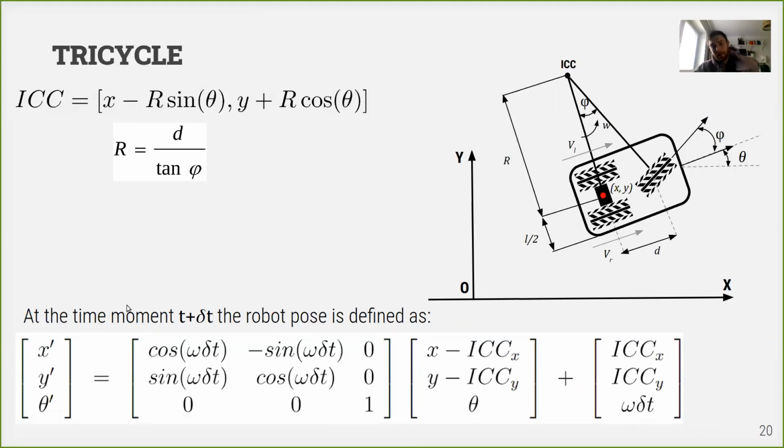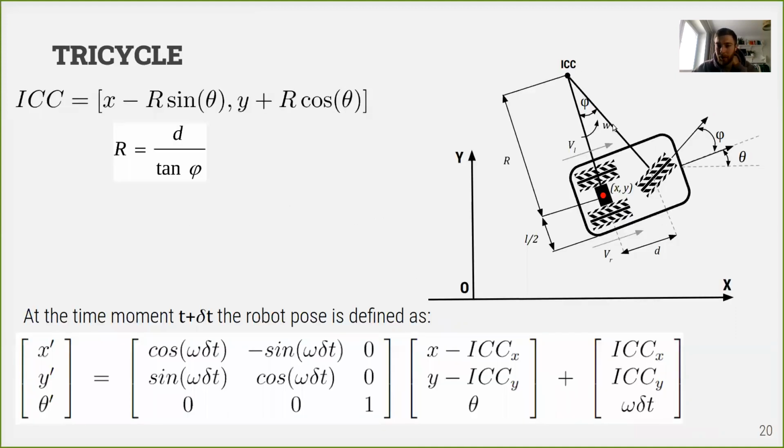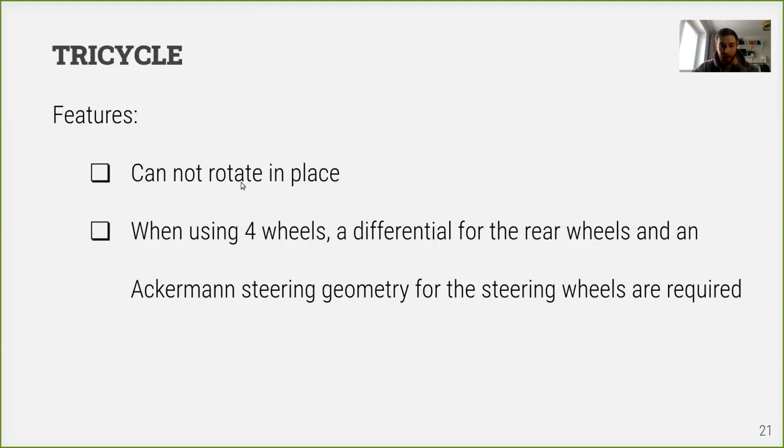But having such a scheme, we're actually losing some properties. Now our robot cannot rotate in place because we have a third wheel, which is a steering wheel. We cannot rotate in place.